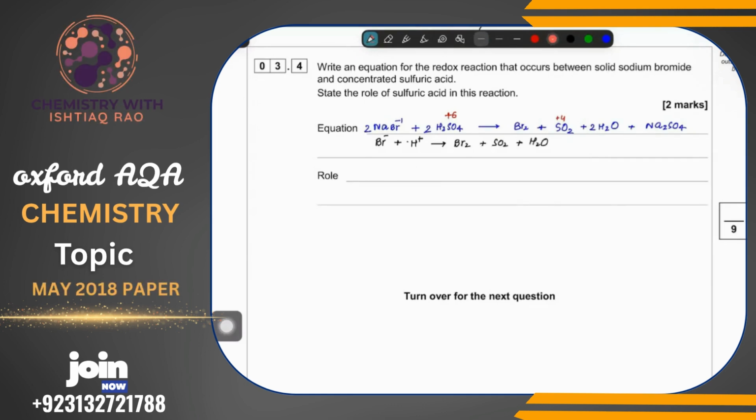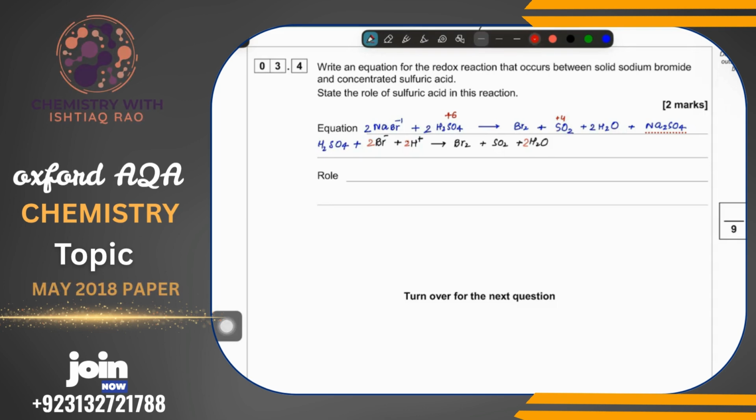Then we have to balance it: 2H+ and 2Br-, and of course there is H2SO4. Yeah, there are many ways, and as you said, you can also do it like an ionic equation. I think the ionic equation would be the easiest and fastest.